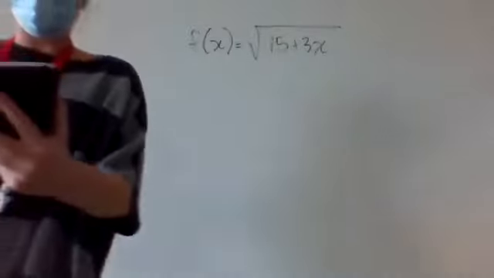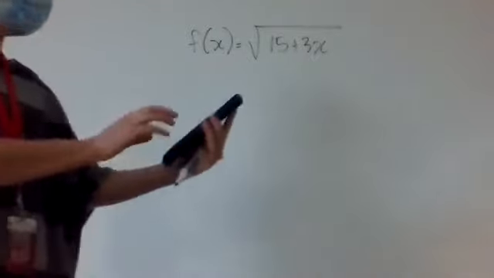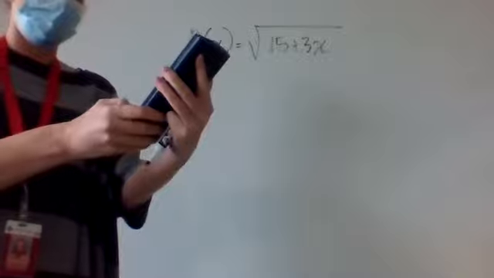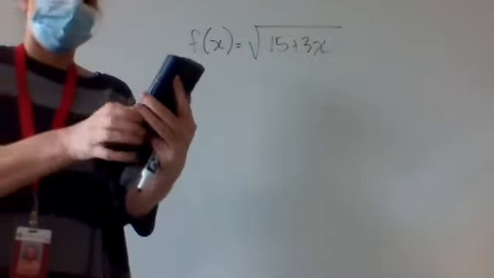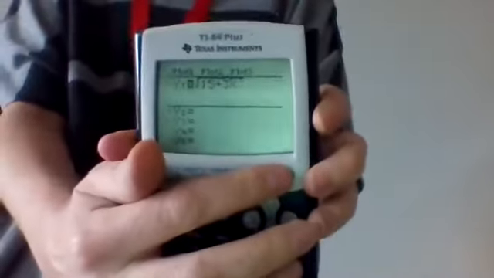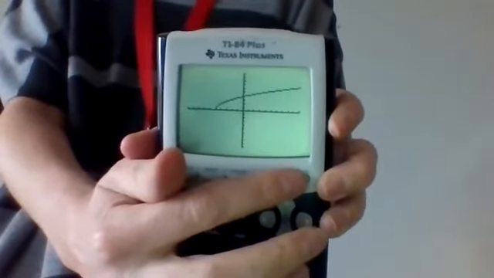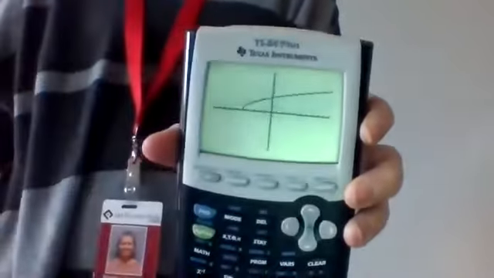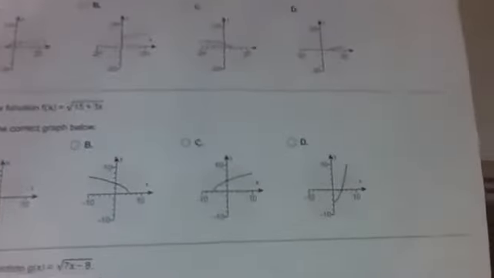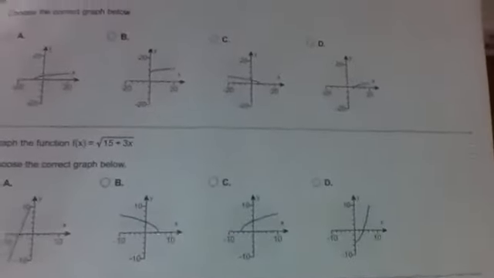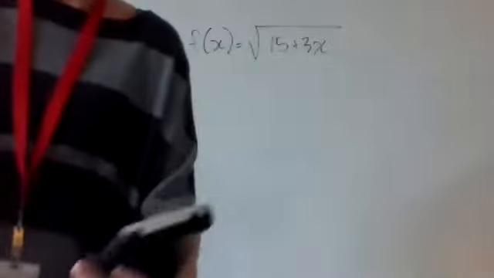Put this in your y equals. So clear it out. Second, square root 15 plus 3x. There's what that graph looks like. And when you're looking on number 6, look at those graphs. There's only one that even comes close to looking like what's in your calculator, isn't there? Which is that C one, okay?